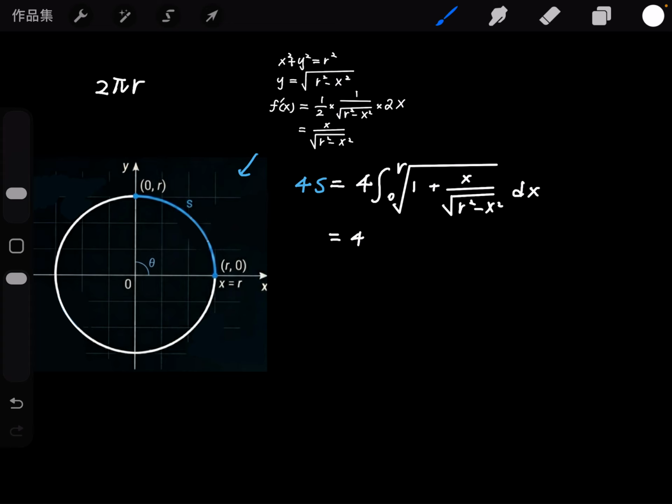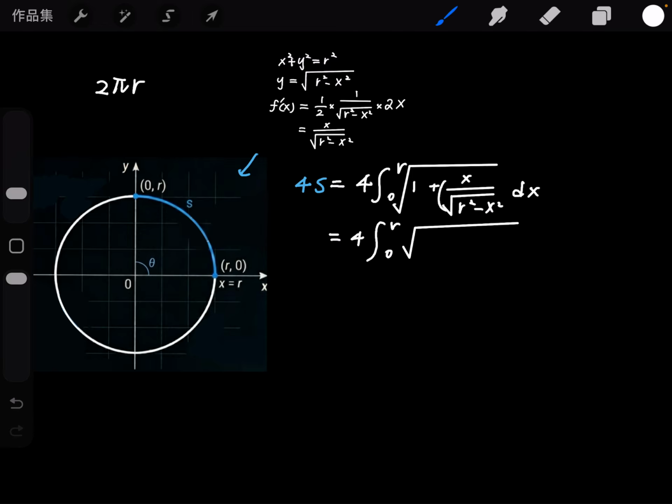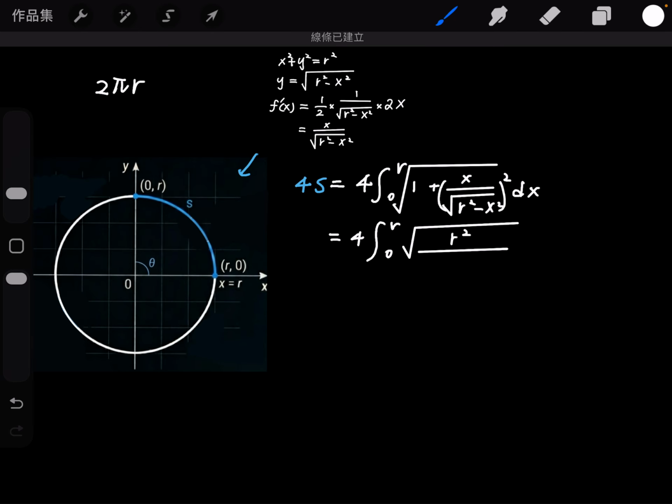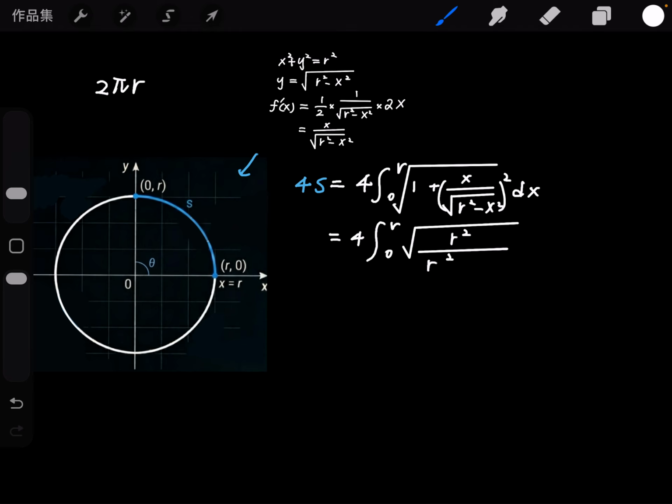Okay, let's calculate a little bit. Oh sorry, I forgot, here is squared. So here it will be r squared because your x squared cancels out, and then on the denominator will be r squared minus x squared, with respect to x.